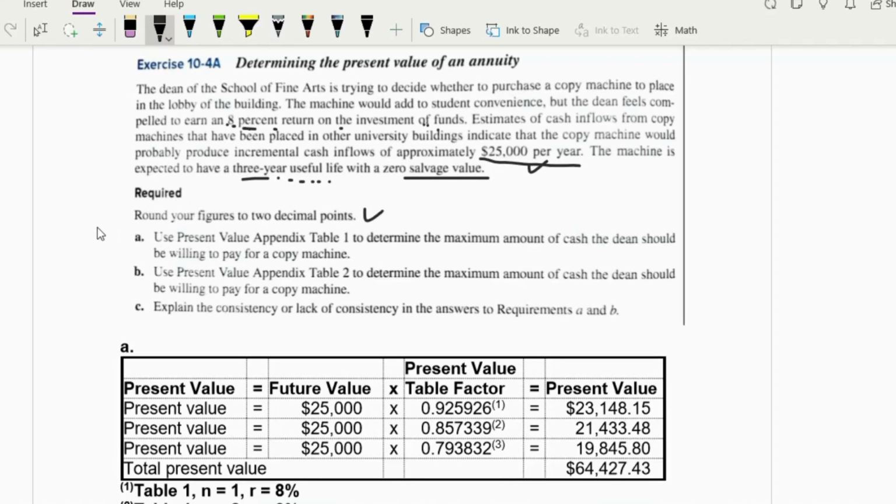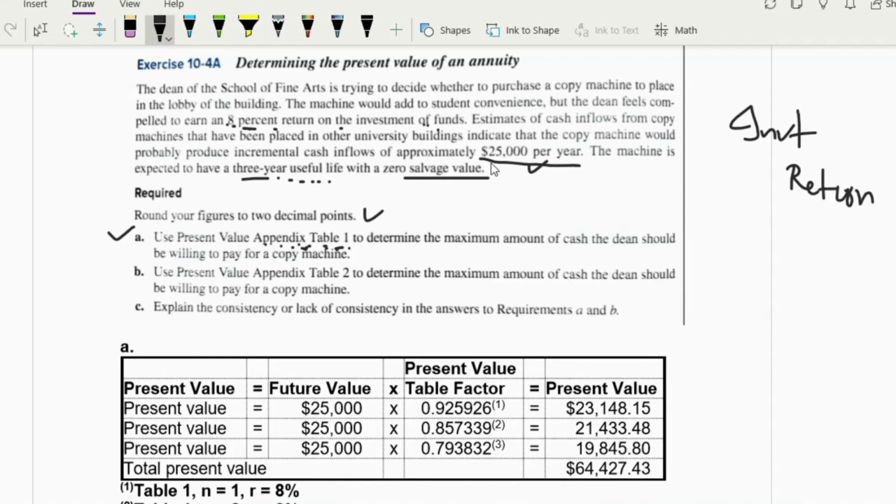Now what we are supposed to do, point number A, is use present value appendix table 1, the simple present value table, to determine the maximum amount of cash the dean should be willing to pay for the copying machine. See, if you invest, you want to get a return, or at least recover your money.